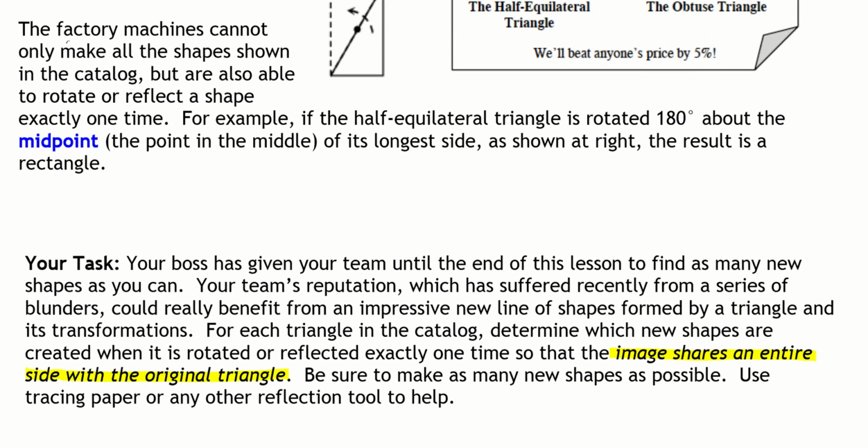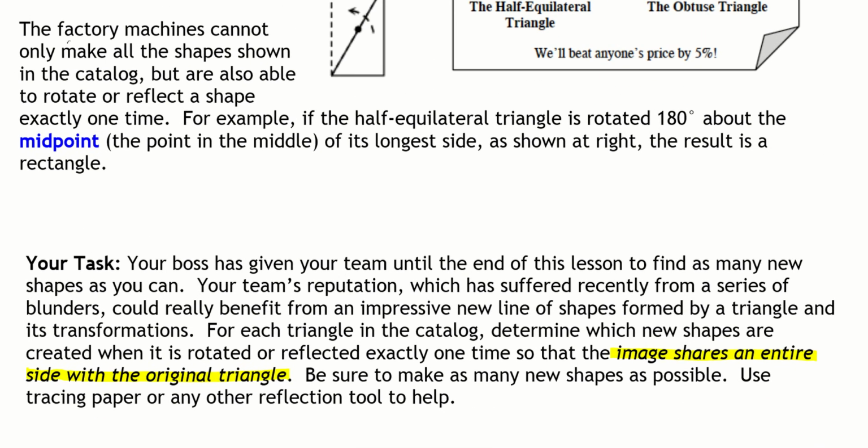Your task. Your boss is giving your team until the end of this lesson to find as many new shapes as you can. Your team's reputation, which has suffered recently from a series of blunders, could really benefit from an impressive new line of shapes formed by a triangle and its transformation.